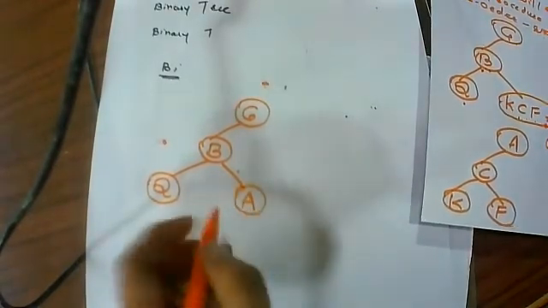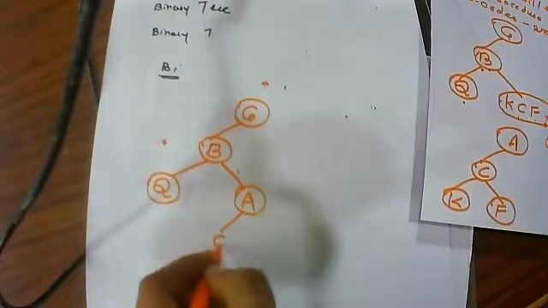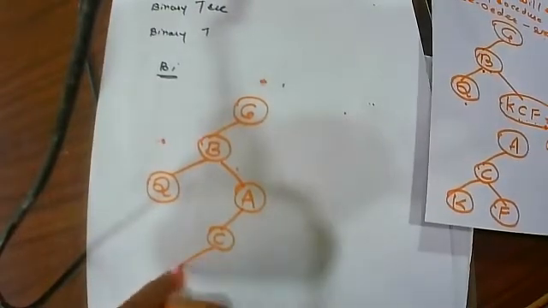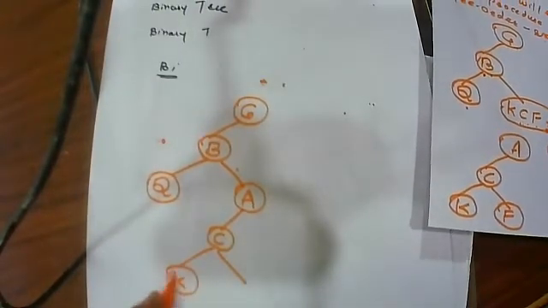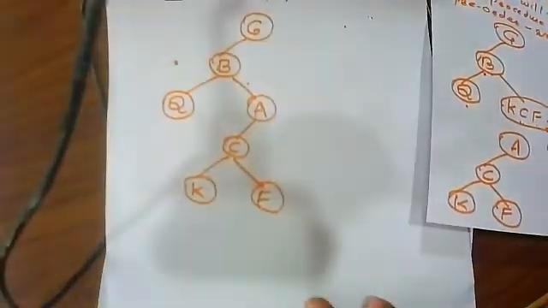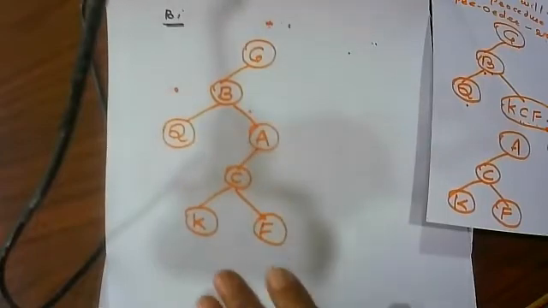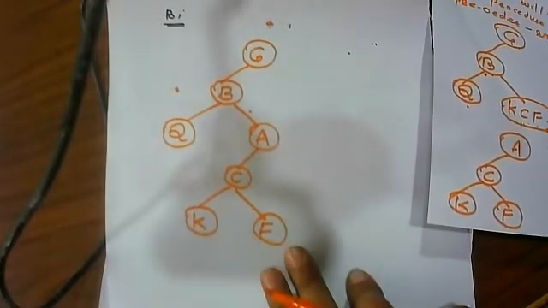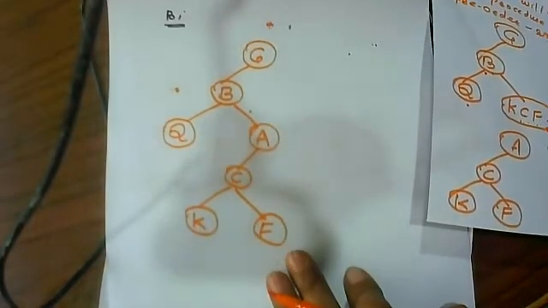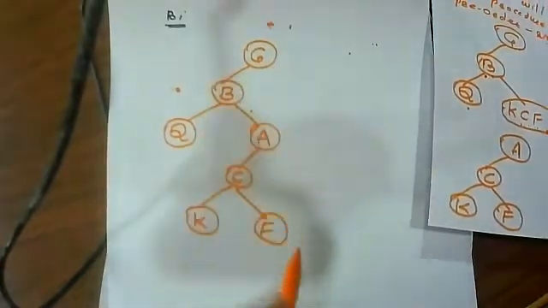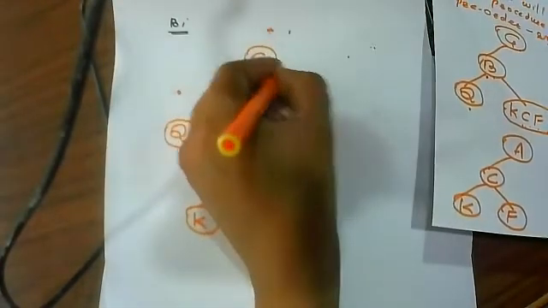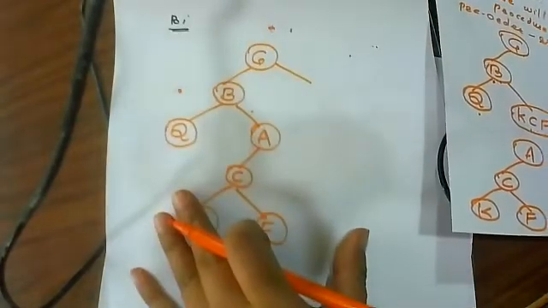Again A has a child on the left side, that is C, and C has two children, that is K and F. So likewise we have constructed the tree for the left side only. So similarly you have to draw the right side also, because we have finished only the left side, so we have to focus on the right side also. So I hope everyone is clear now.